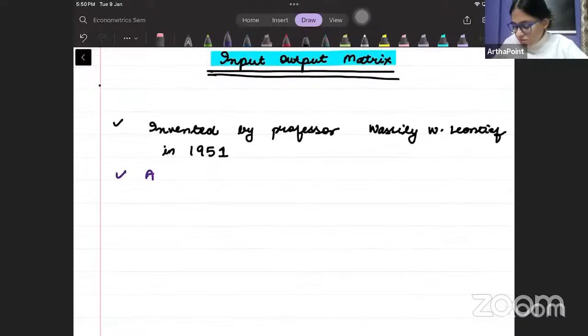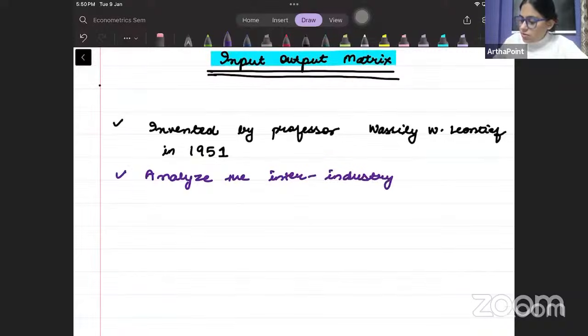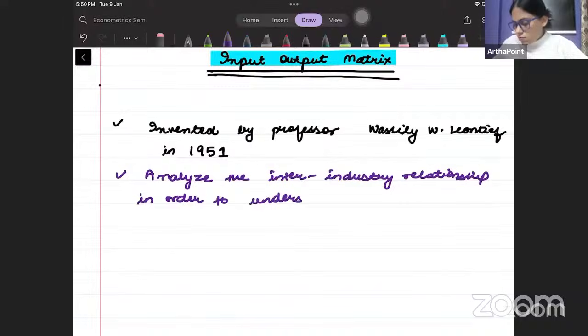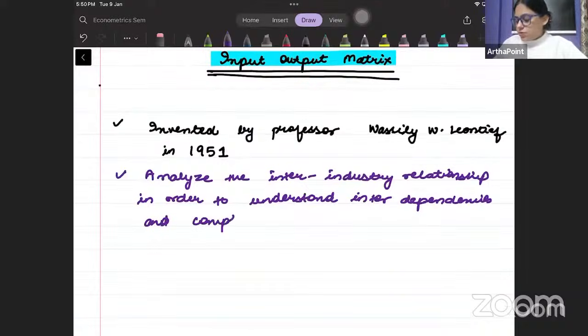It analyzes the inter-industry relationship in order to understand interdependency and complexities of economy.